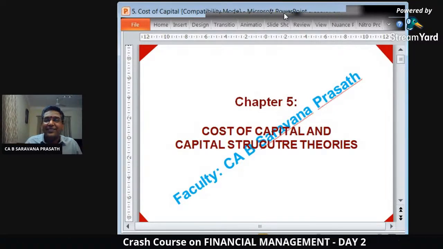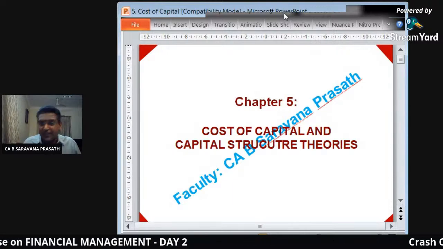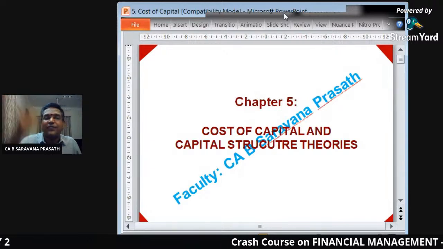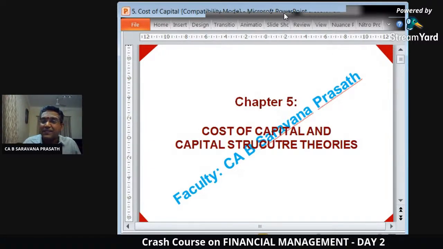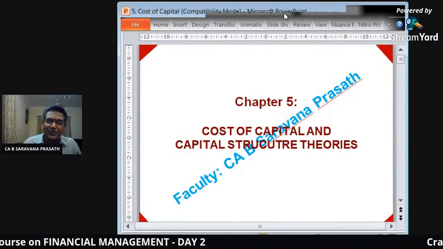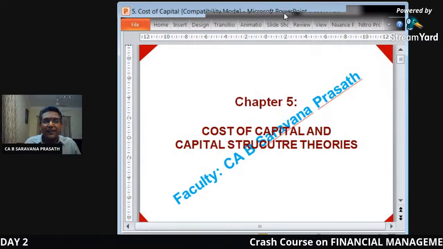So the debt represents the cheapest source of finance for the company, and equity represents the costliest source of finance for the company. When we consider cost of capital, what is the concept?